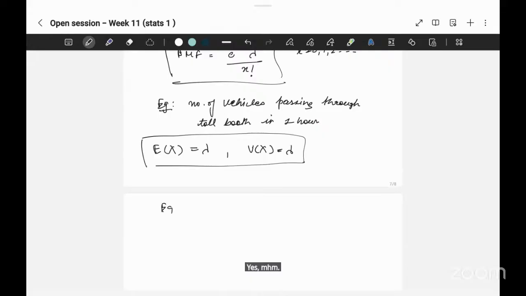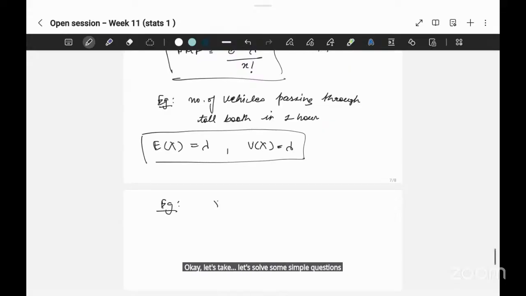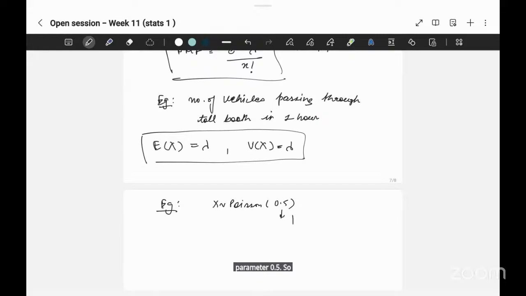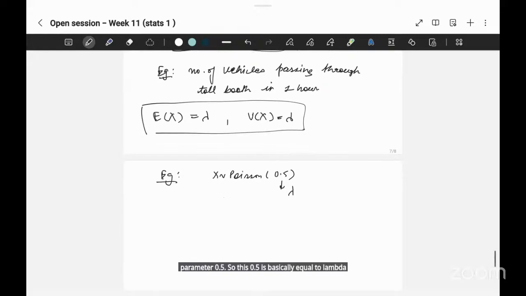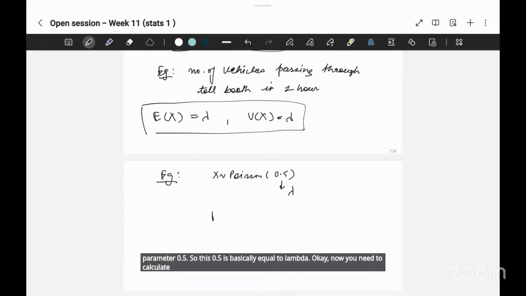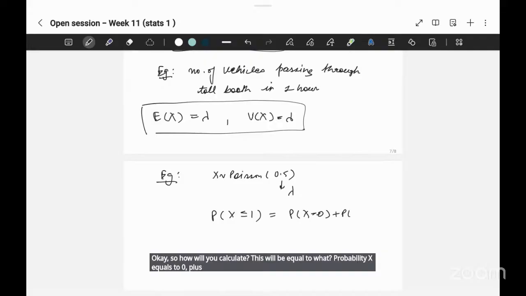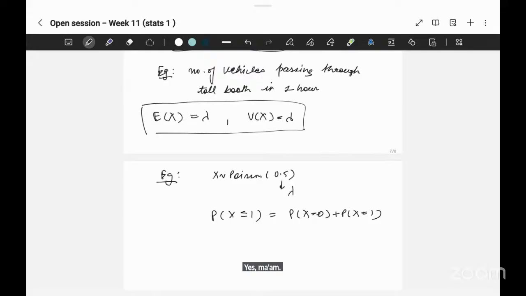Okay, let's solve some simple questions. Let's suppose my X is following a Poisson distribution with parameter 0.5, so this 0.5 is equal to lambda. Now you need to calculate the probability that X is less than or equal to 1. How will you calculate? This will be probability X equals 0 plus probability X equals 1.